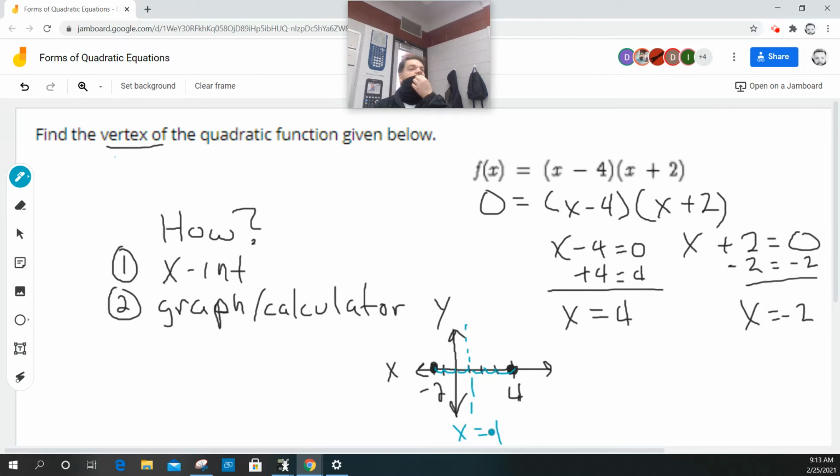Now, how does that help us with the vertex? We know that the vertex, the x comma y, the x value is the line of symmetry, or axis of symmetry.